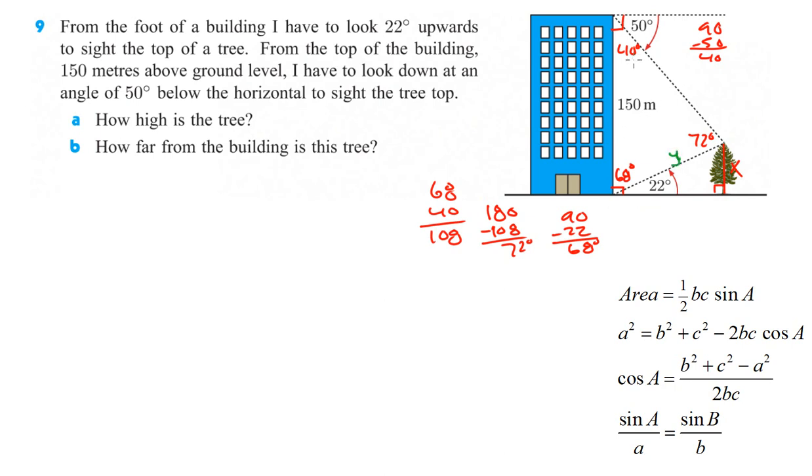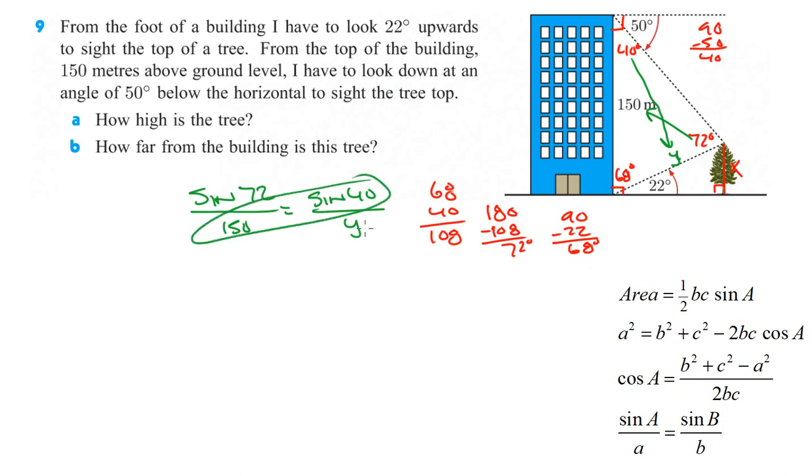So I know that 40 and Y will go together, as well as 72 degrees and 150. So we can do law of sines. So sine 72 over 150 is going to equal sine of 40 over Y. Cross products, right?